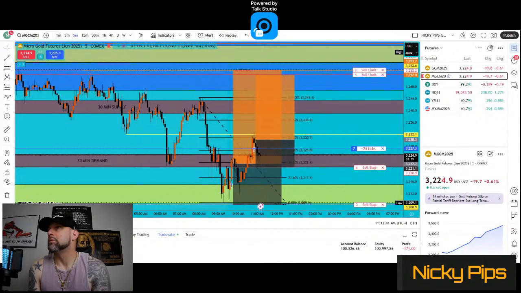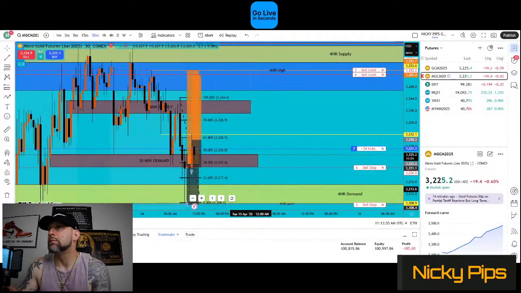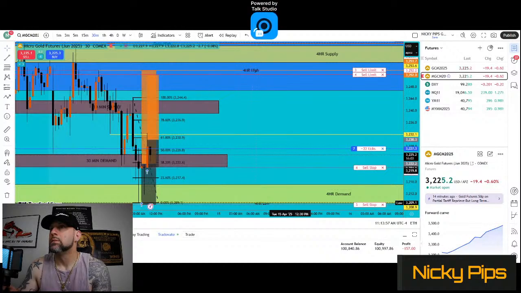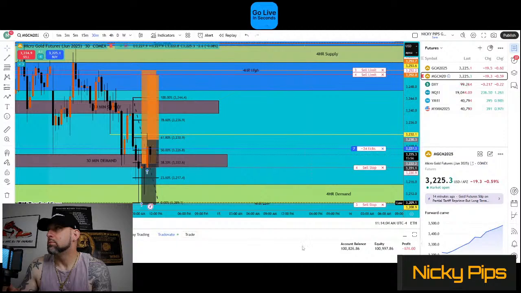I gotta see how this next 5-minute candle closes. Let's look on a higher time frame, see where we're at. So we did push up to 32.32, and then of course we had a hard rejection.